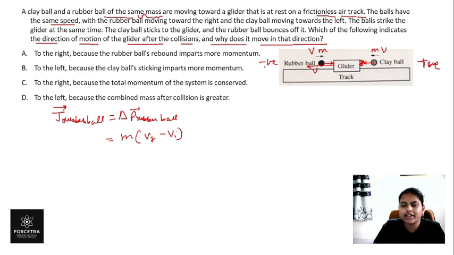It is negative v, since the direction is reversed, so I can write mass into minus v. And what is the initial velocity? It would be positive v. So I can write minus 2mv. This is the impulse on the rubber ball.